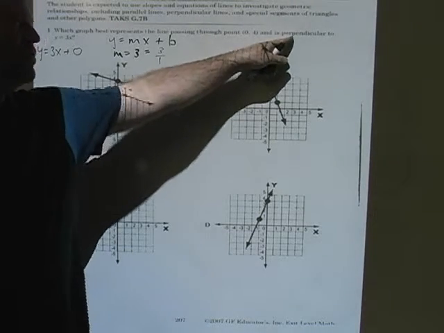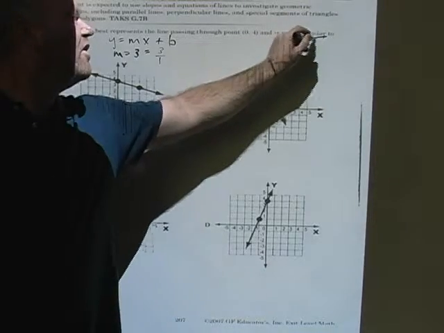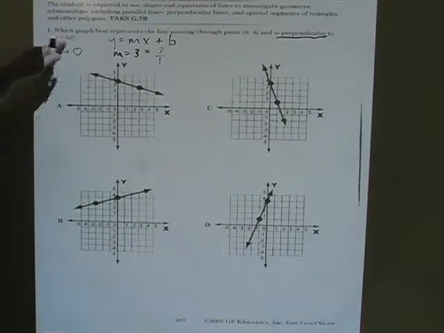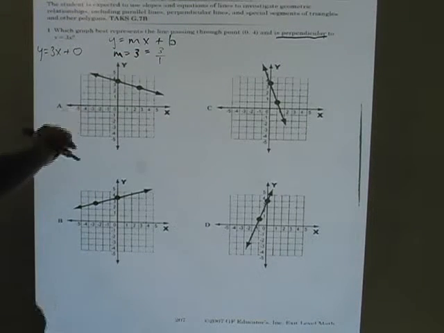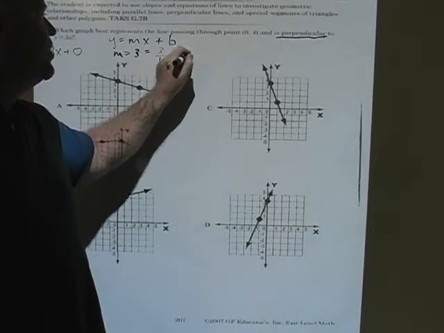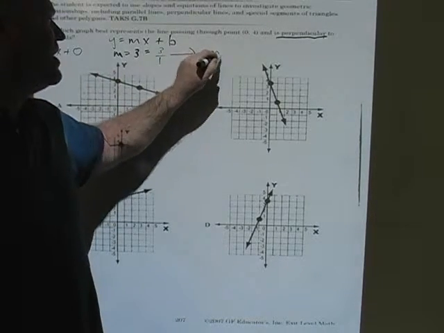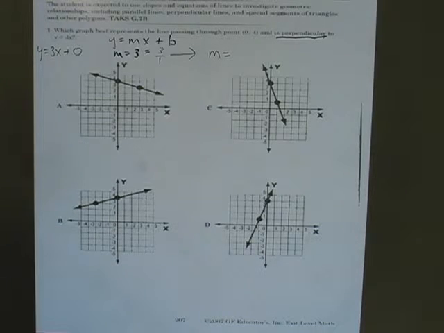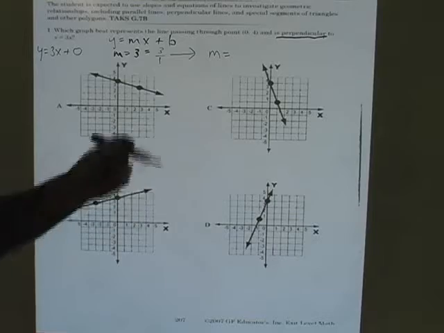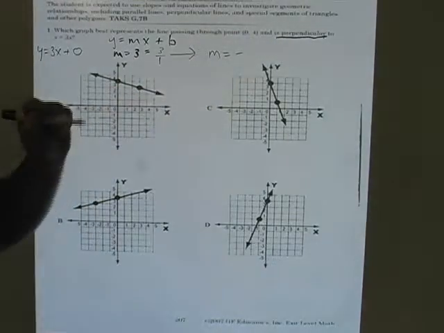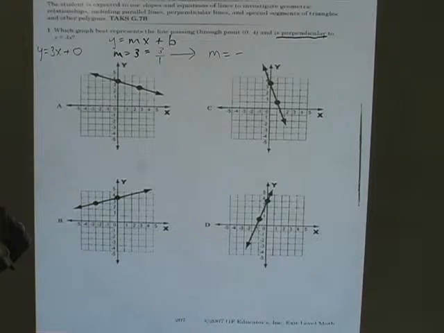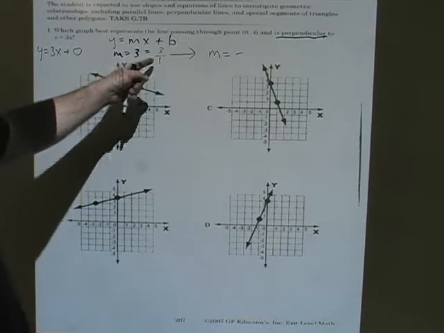This line that we're looking for is perpendicular to y equals 3x. Well, y equals 3x has a slope of 3 over 1, so our perpendicular line is going to have a slope of, remember on perpendicular, it's the opposite sign. So since this is positive, this one's going to be negative, and we have to take the reciprocal of this.